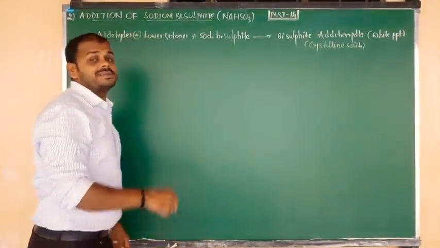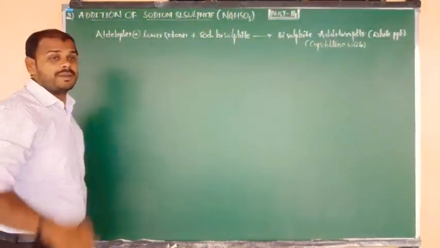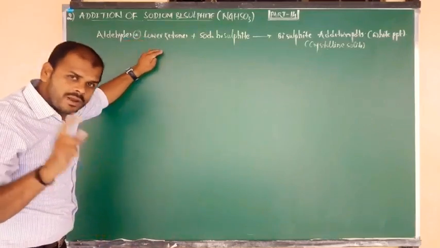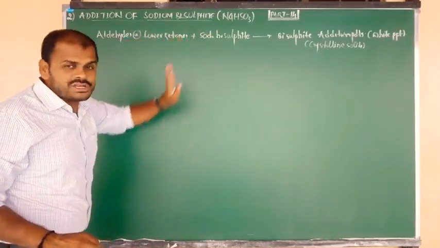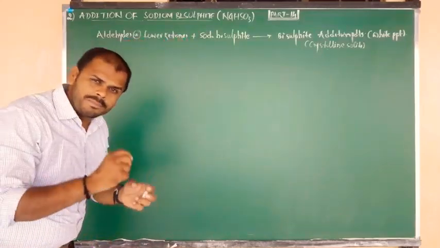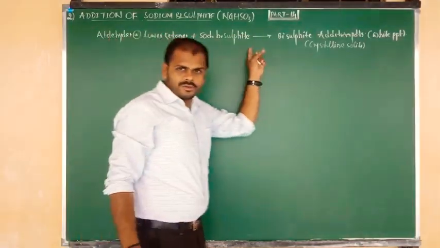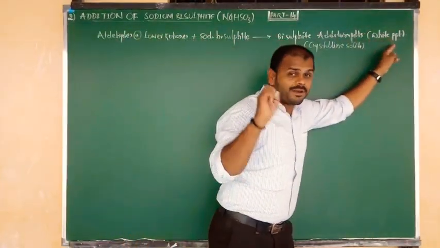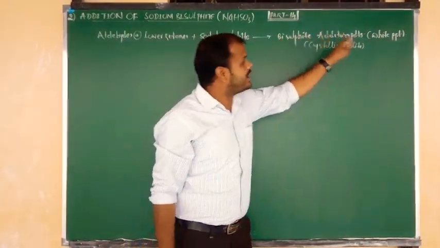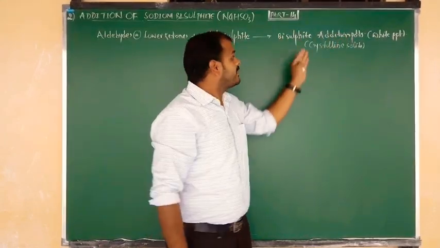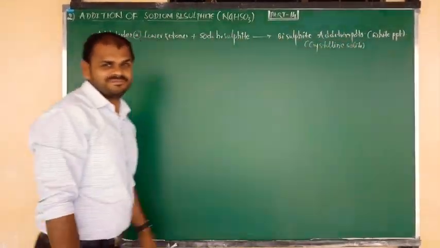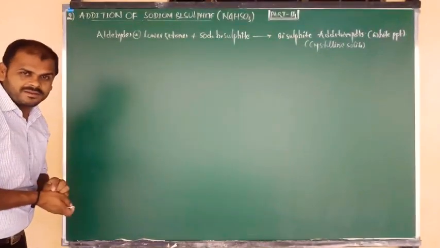So once again the statement: aldehydes or lower members of ketones on addition with sodium bisulfite give a white PPT of bisulfite addition products which are crystalline in nature. Statement clear?